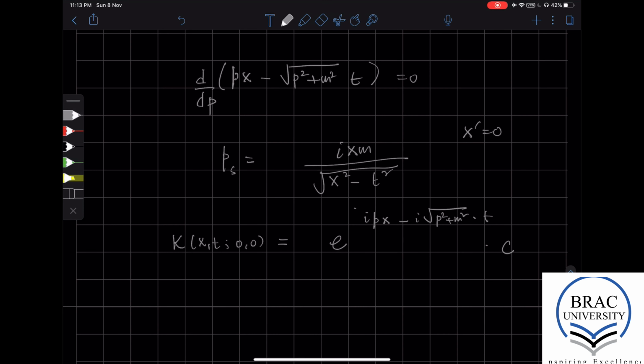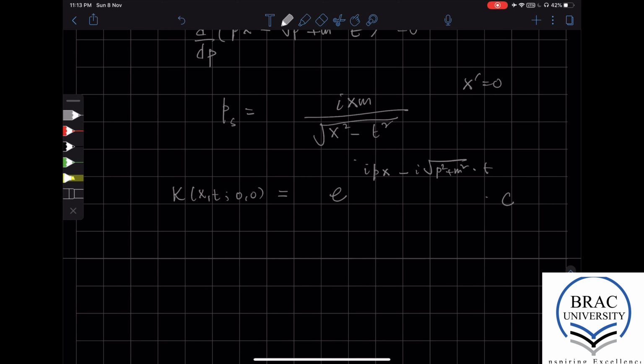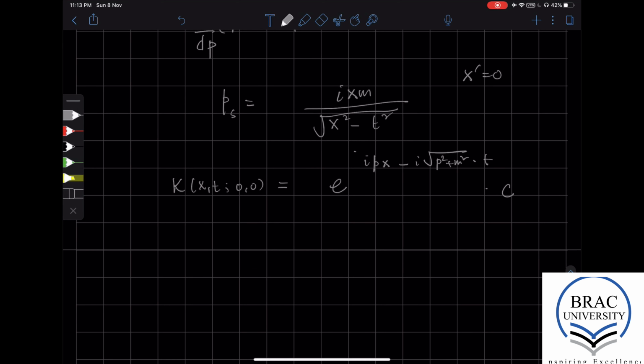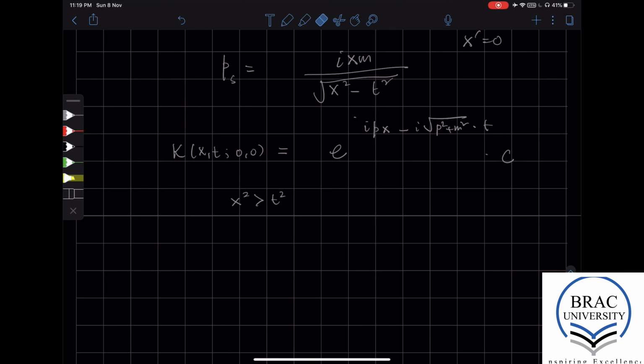So we are interested in evaluating this propagator in the limit when the two points that we're dealing with are space-like separated, that is, x squared is greater than t squared.